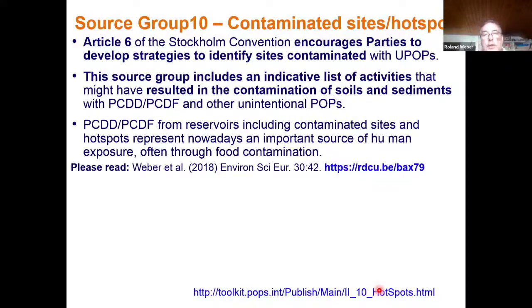So in the toolkit, the source group already includes an indicative list of activities that might have resulted in the contamination of soils and sediments with dioxins and other unintentional POPs. These dioxins from reservoirs, which include contaminated sites and hotspots, represent nowadays an important source of human exposure.